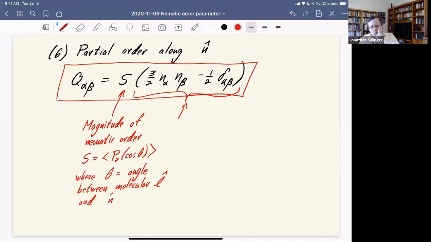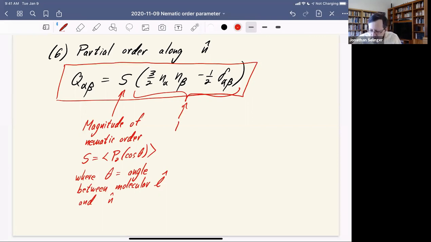That was true when the phase was oriented along z. If the phase is oriented along n, then it's the angle between the molecular axis and n. There's nothing special anymore about z, it's just n that is the special thing. So this S, the factor in front, is information about the magnitude of nematic order.